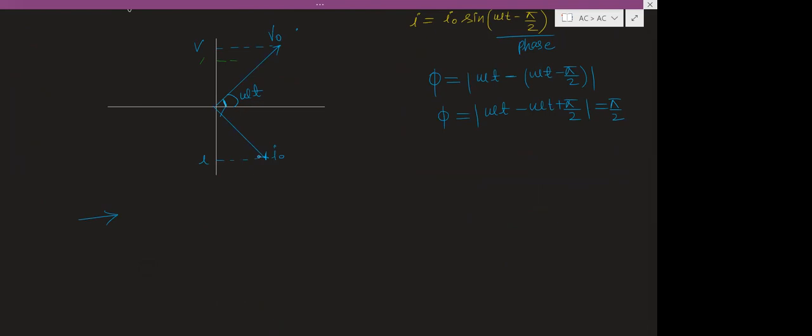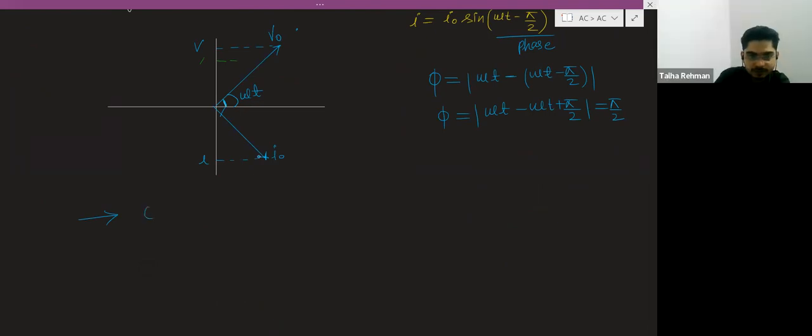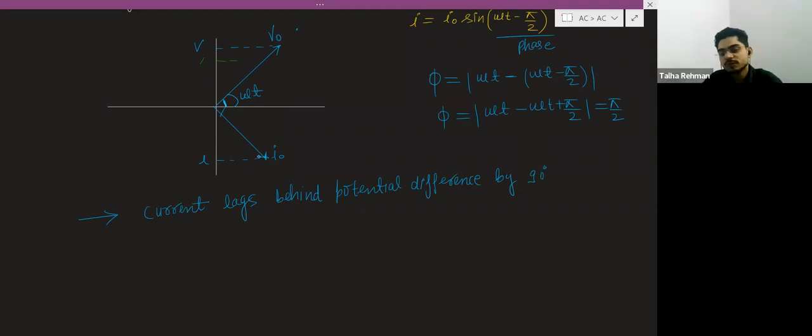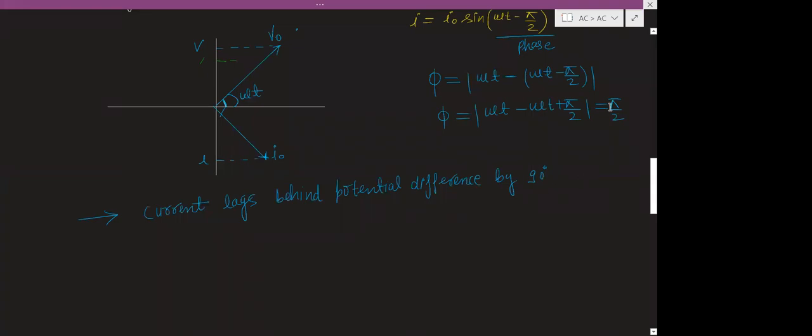You can write: current lags behind potential or potential difference by 90 degrees. You can also write pi by 2, because 90 is in degrees and pi by 2 is in radians.